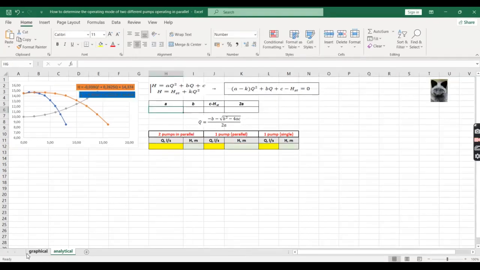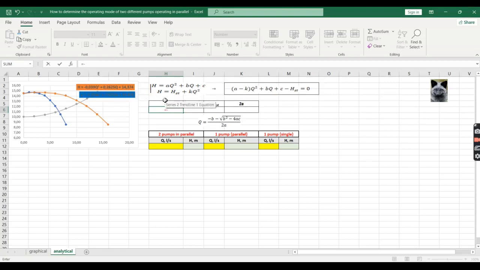Now let's do the calculation. For this aim, we have to fill the gaps in the table, and A will be A minus K, where A comes from the equation of the summary head curve of the pump system.